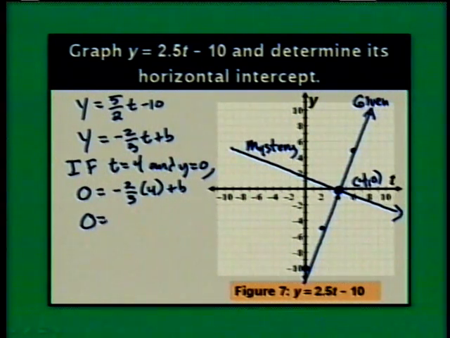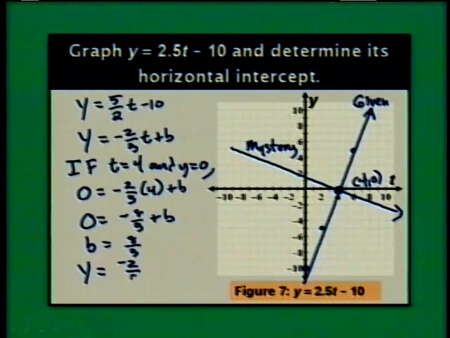So 0 equals -8/5 plus b. So b equals 8/5. So my equation should be y equals -2/5 t plus 8/5. Notice on even this rough sketch of my perpendicular line, it does appear that the vertical intercept is 8/5.